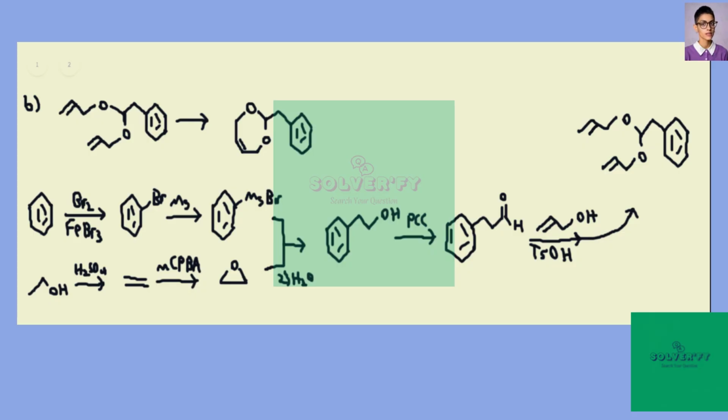There's the starting material for the ring closing metathesis. So again, we prepared this by making phenyl magnesium bromide, the Grignard reagent, making an epoxide for that Grignard reagent to open, oxidizing that product to the aldehyde, and then preparing the acetal. Okay, and that's the answer to part B.